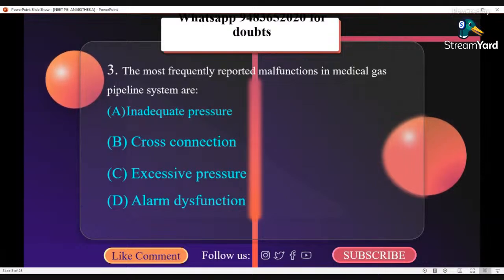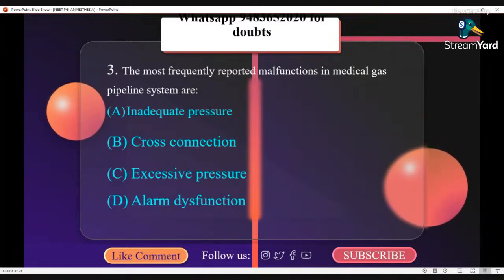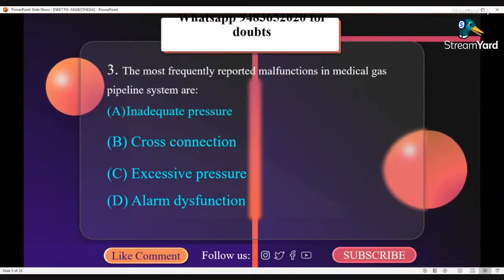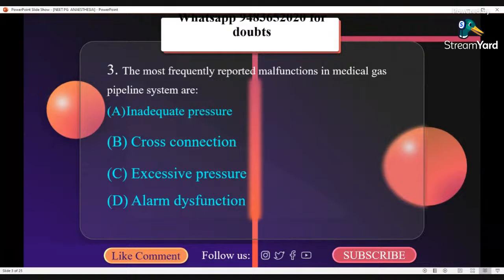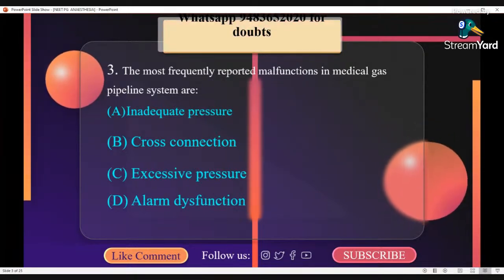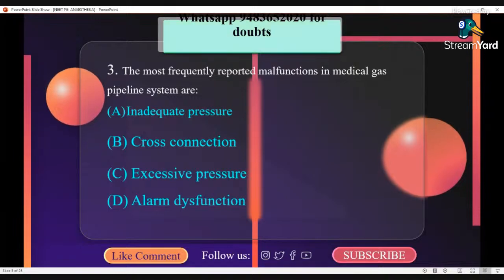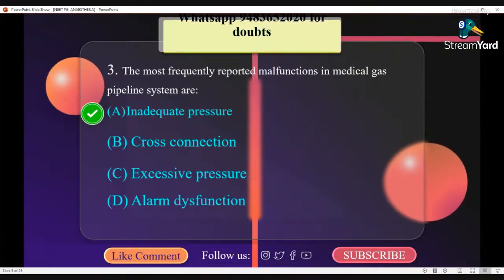Then contamination can occur. Obstruction of a hose can occur. So the most frequently reported malfunction is inadequate pressure. So the correct option here is A, inadequate pressure.